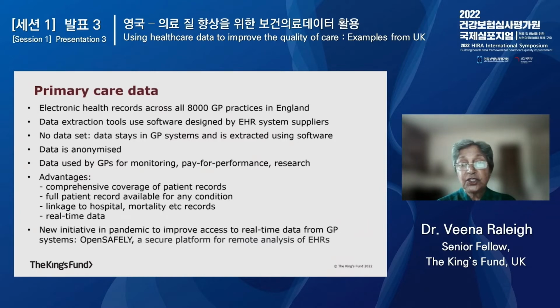And with the GP data, we have electronic health computer systems, electronic health records across all primary care data. And the 8,000 practices are supplied their software by just a few software companies. So all that data can be accessed very quickly and readily.